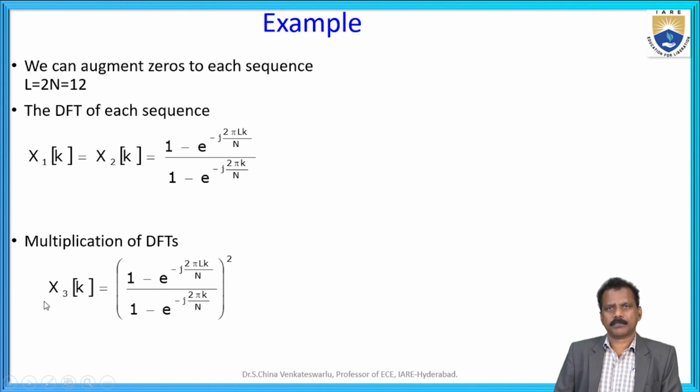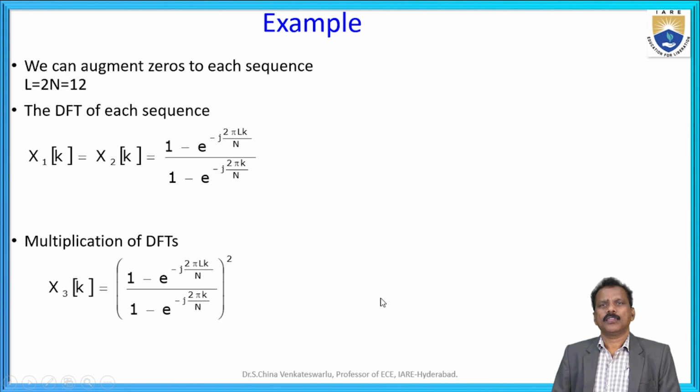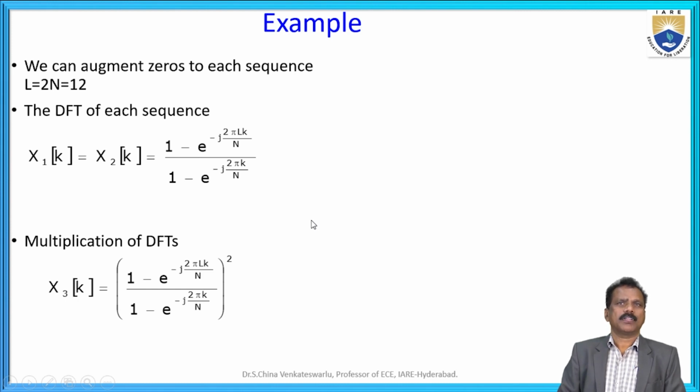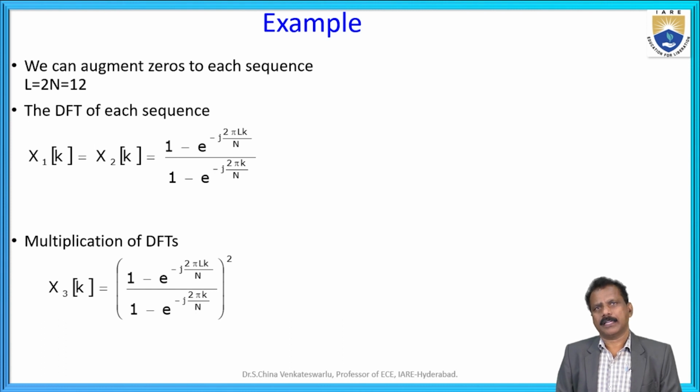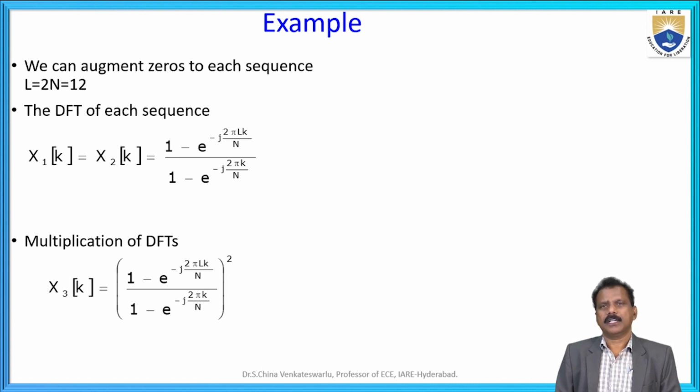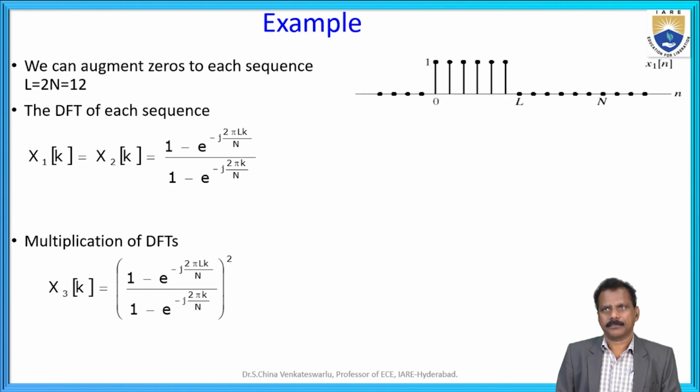After substituting this capital N, you should try to analyze, try to multiply this one, going on using k equal to 0, what happens if k equal to 1, k equal to 2, 3 and so on. We will evaluate, we will compute this, augmenting zeros to each sequence, L equal to 2 and N is 12. We try to verify the DFT of each sequence as well as the multiplication of discrete Fourier transforms.